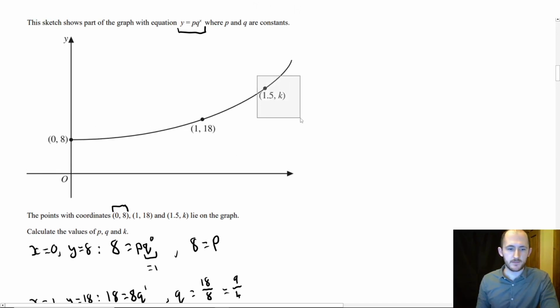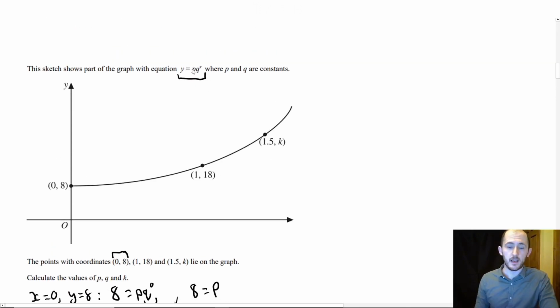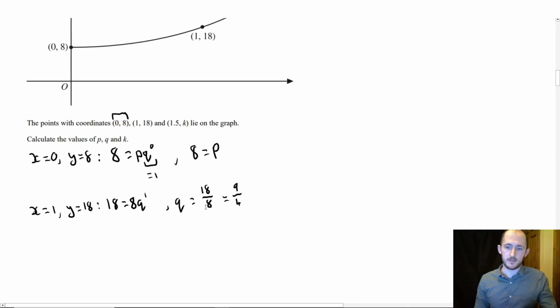And the last point to find out. So I showed you two ways to work out what p is. One way is if you look at the graph, and have a think about it, when x is 0, anything to the power of 0 is 1. So you just have the y value is equal to p. Because it's the constant, p is equal to 8, q is equal to that.